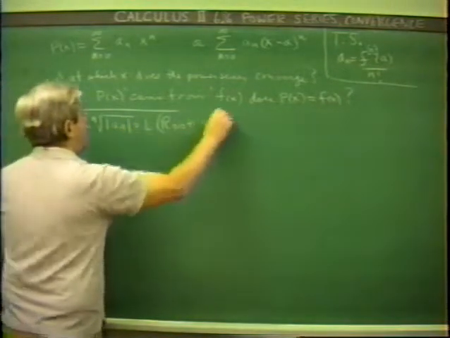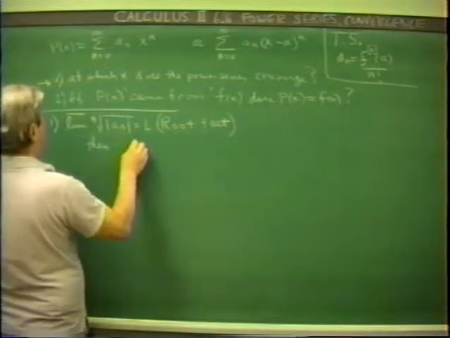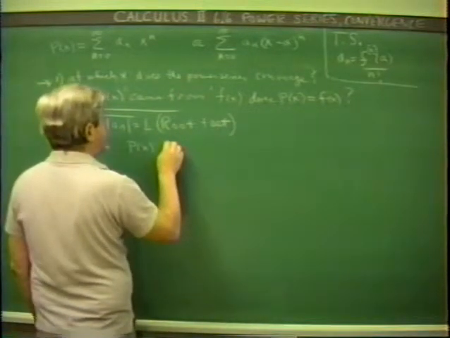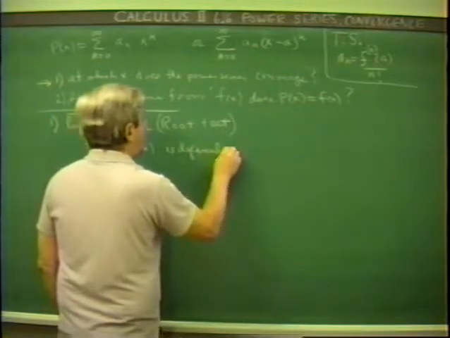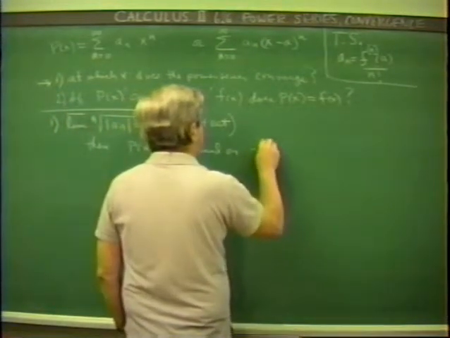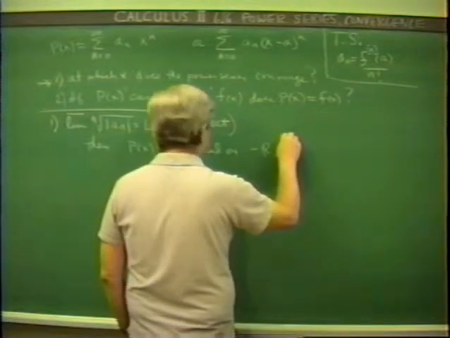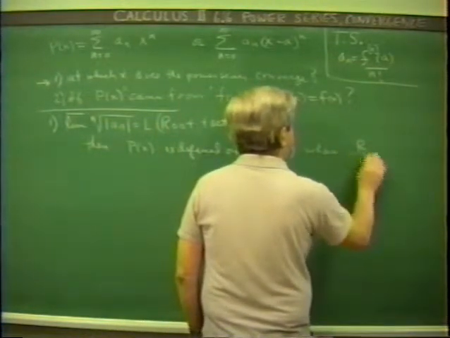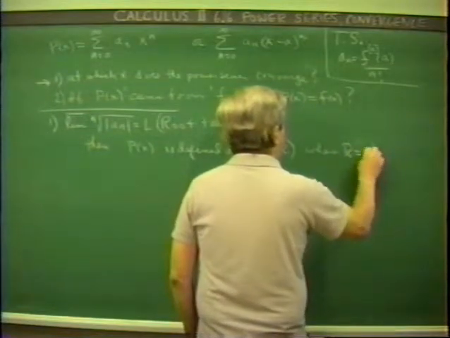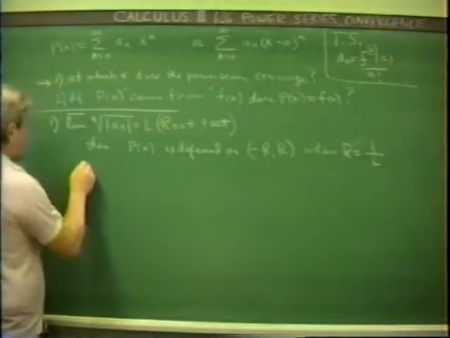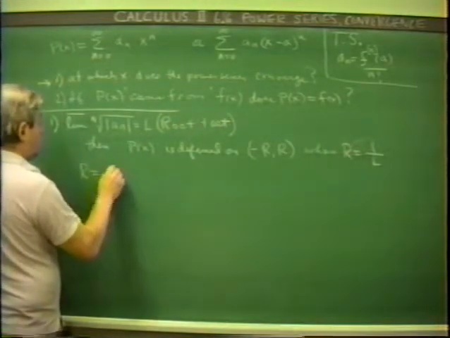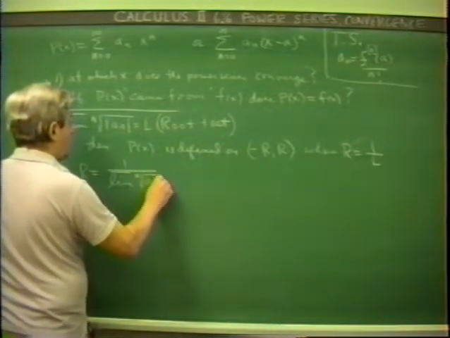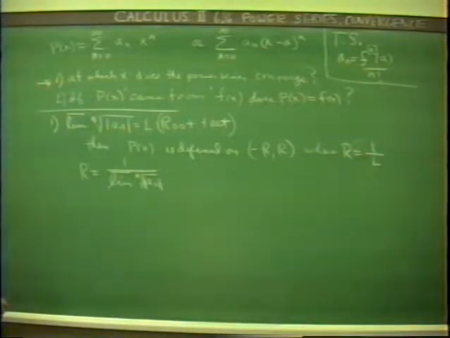If the limit exists, it's the same thing. If this limit is equal to L, then P of x is defined, that's to say you've got convergence on the interval from minus r to r, where r is equal to 1 over L. That's to say, defined on minus r to r, where r is equal to 1 over the lim sup of the nth root of a_n in absolute value.